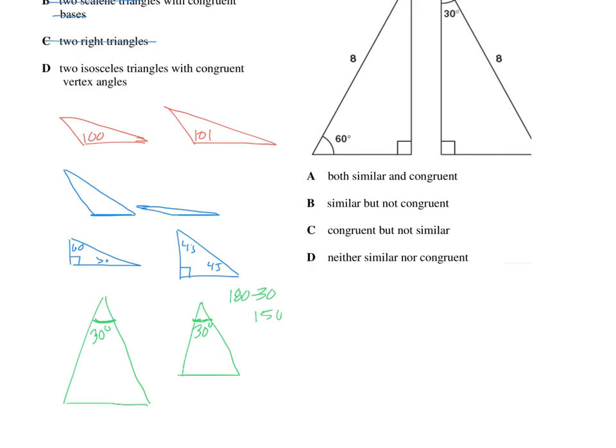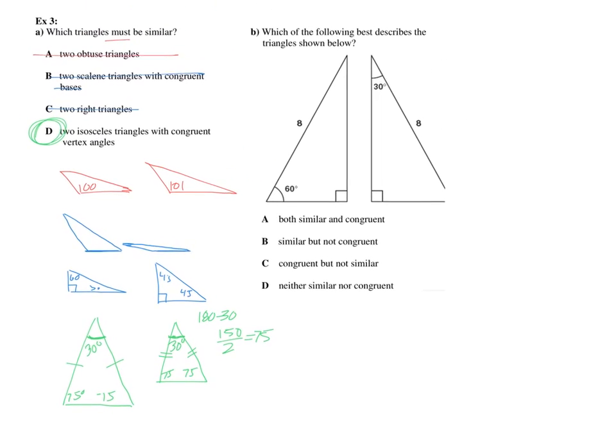I get 150, and I divide that by 2. So I get 75. So these would be 75. All right, and right away by the shortcut AA, I know that they're similar. Okay, and it doesn't matter what the side lengths are. All right, the ratio of the corresponding sides will still be equal. All right, but the big idea here is that I'm able to show that they're similar by the AA shortcut. All right, so D is my correct answer.